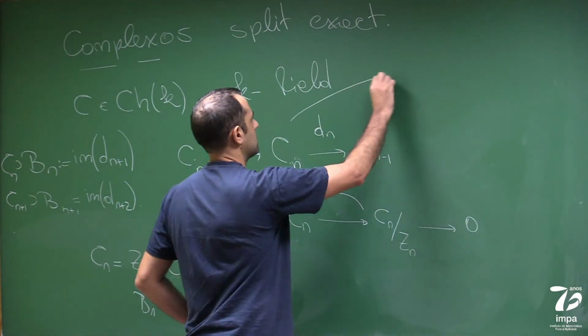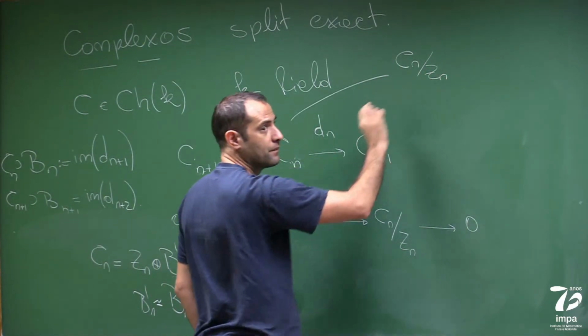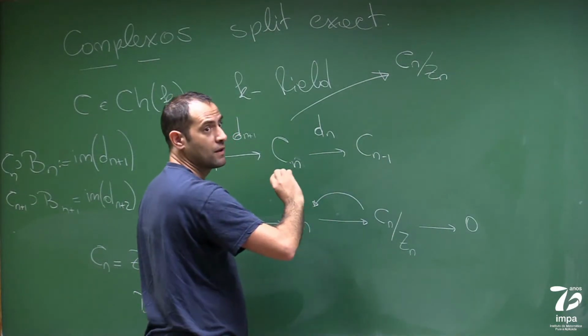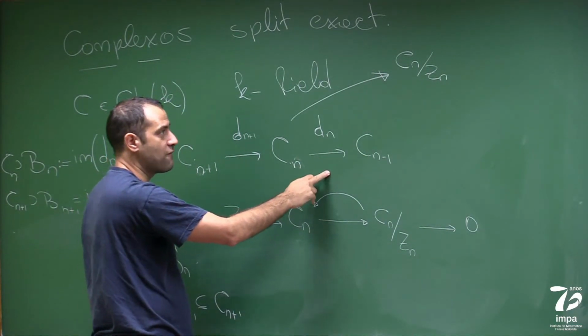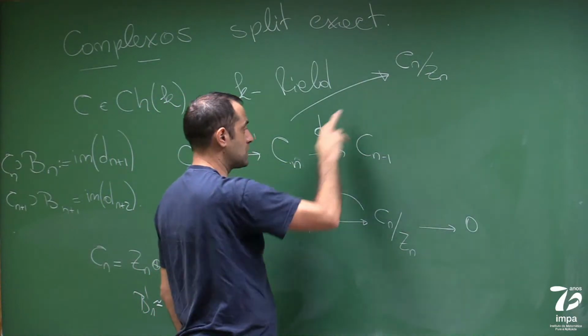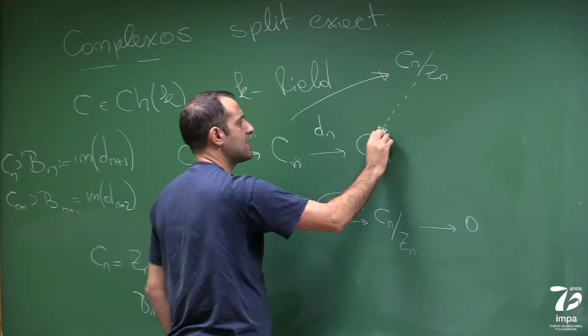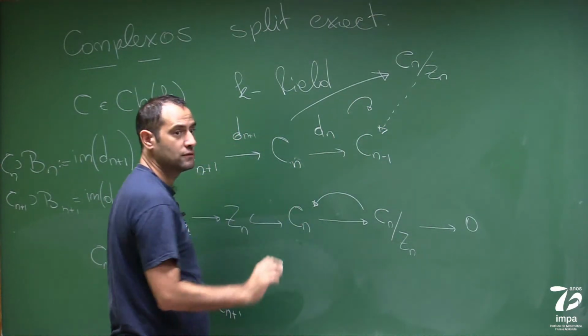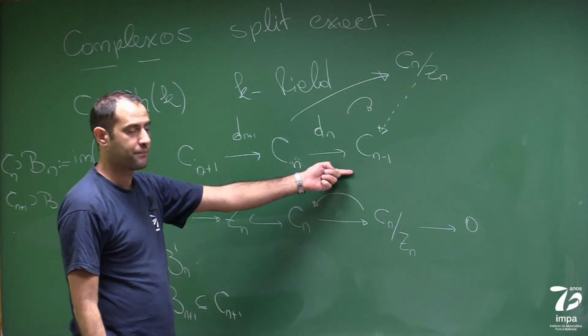So here I have this C_n divided by Z_n, and Z_n is the kernel of this map. So again, by definition, Z_n goes to 0 here. So this means that this arrow here exists, making this diagram commutative. That's the fact that Z_n is in the kernel of this map.